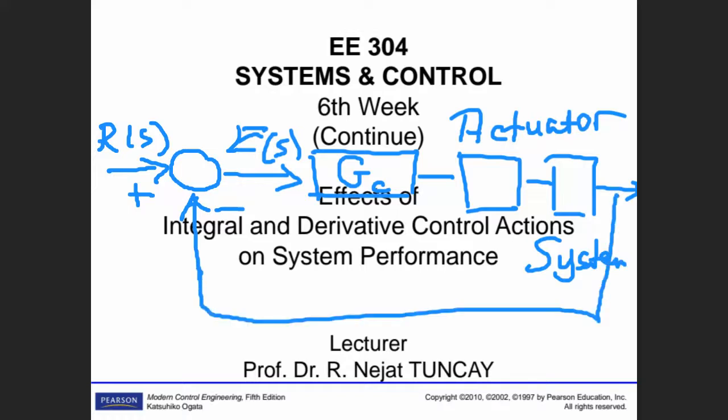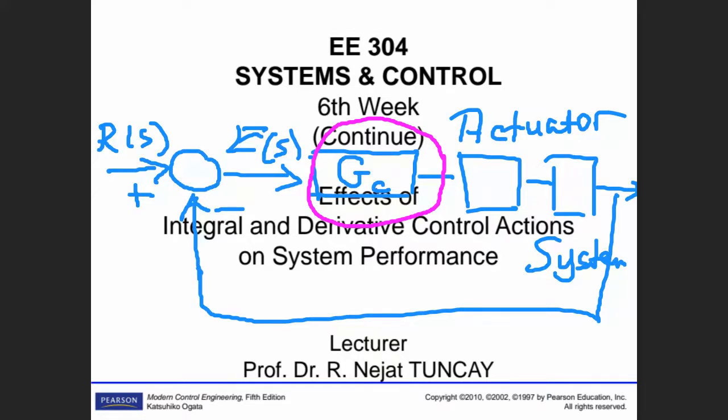The output is compared to this one. So the main objective of control theory is that part, GC. This is your task, to define that one. It could be proportional, derivative, integral, or a combination of those.